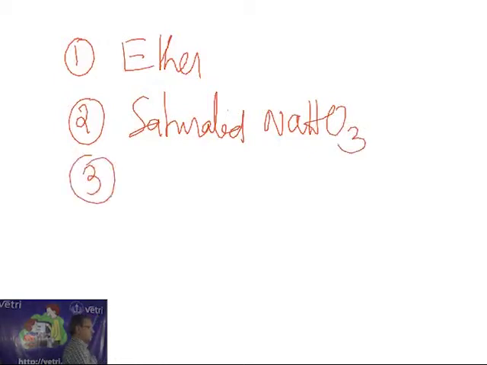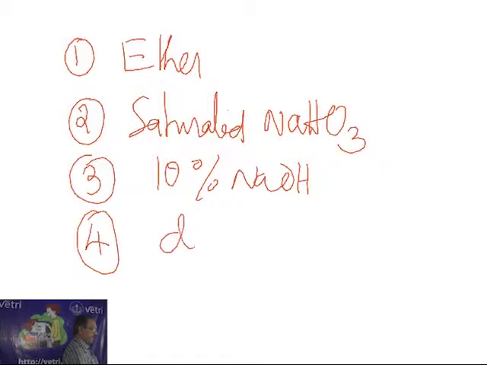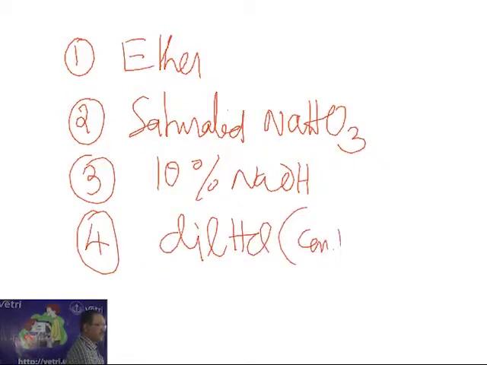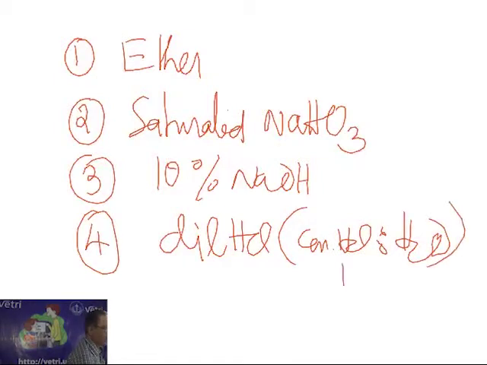Number 3, 10% sodium hydroxide. Number 4, dilute HCl. That means concentrated HCl and water 1:1, that is dilute HCl. So these are the commonly used reagents in the laboratory to separate a mixture.